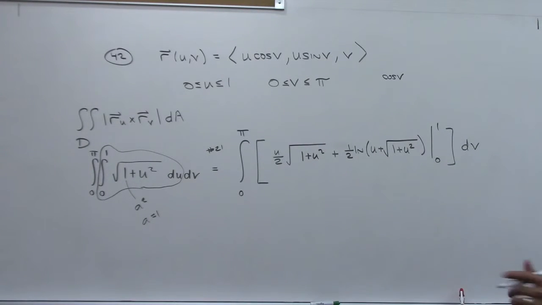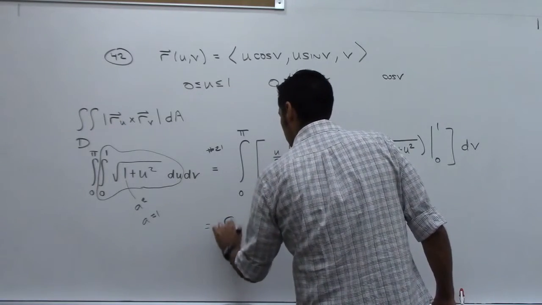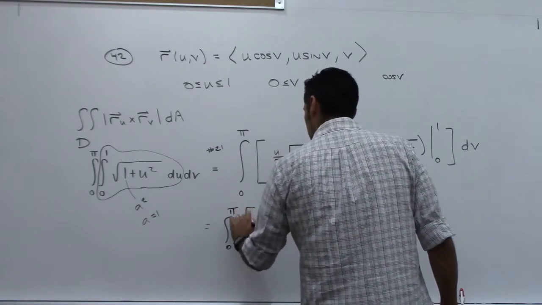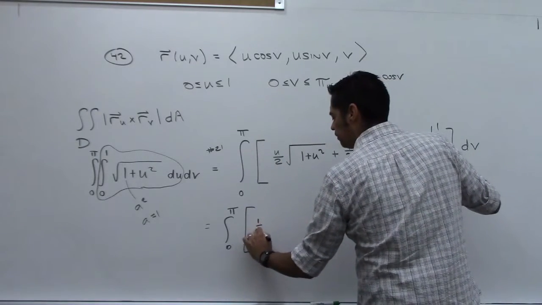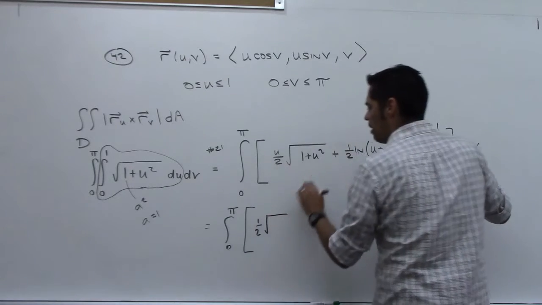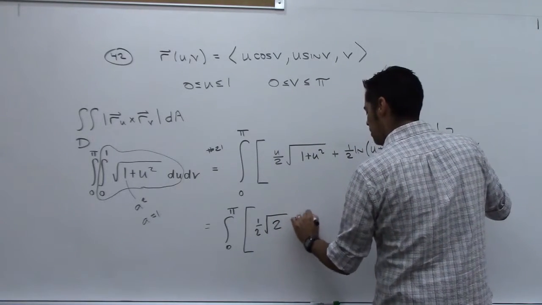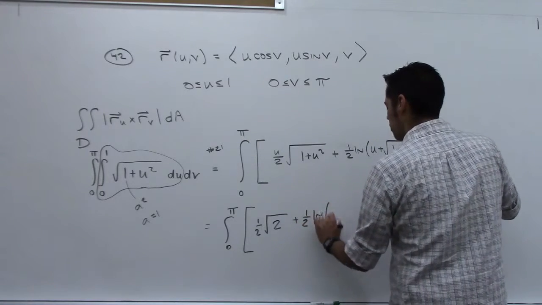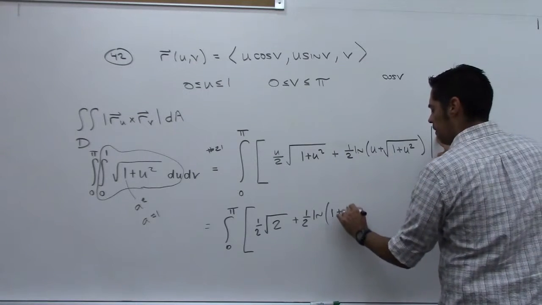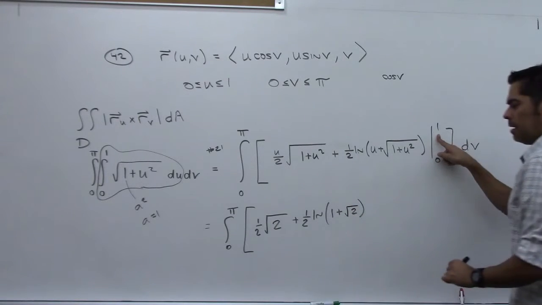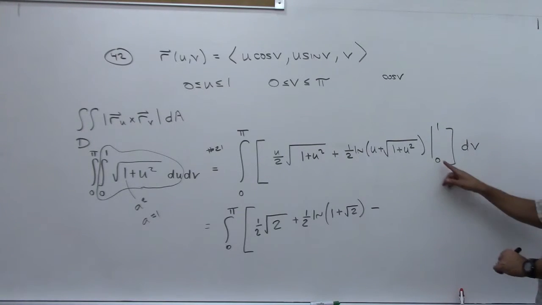So let's plug in 1 for u and see what we get. So integral 0 to pi. When we plug in 1, we get 1/2 square root of, 1 squared is 1, plus 1 is 2, so root 2, plus 1/2 natural log of 1 plus, again, root 2. And now minus, let's see what we get when we plug in 0.